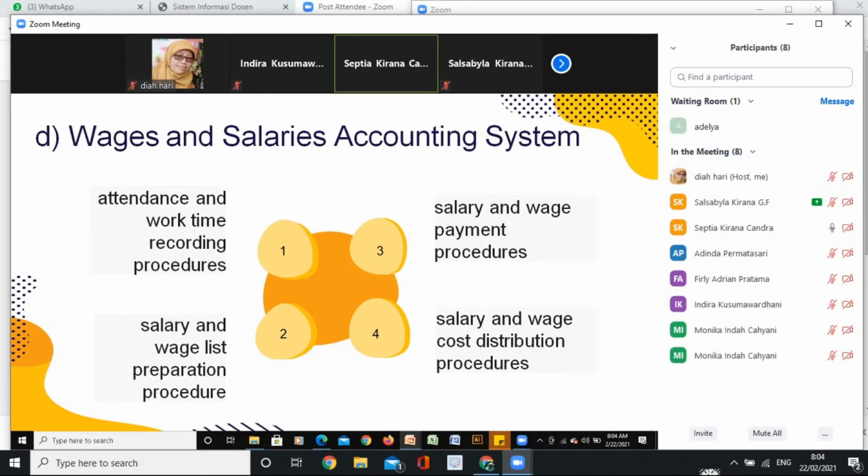Wages and salaries accounting system. Wages and salary system is designed to handle the calculation of employee salaries and wages and their payment.